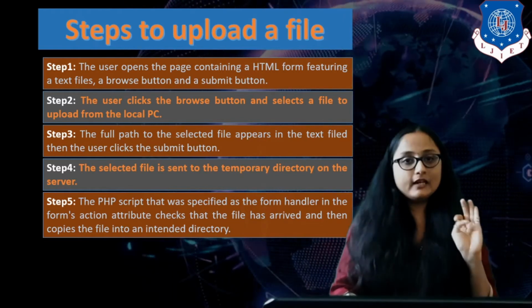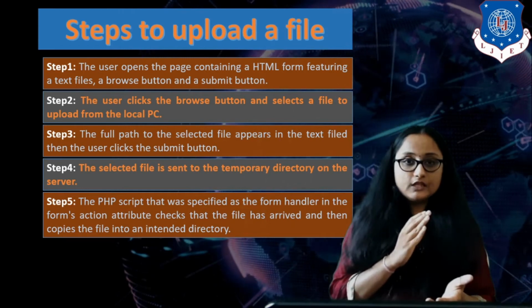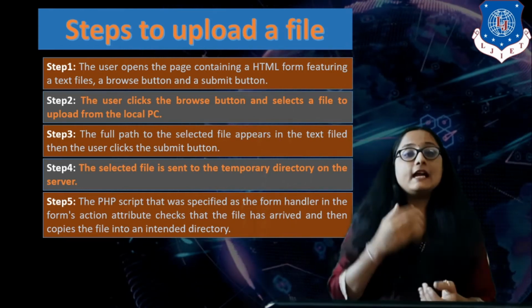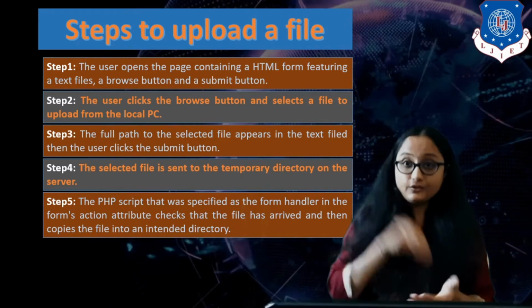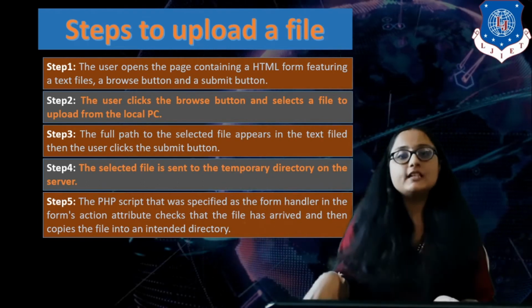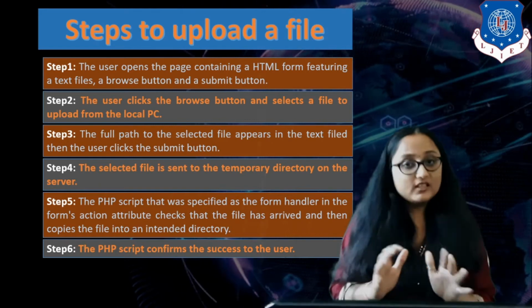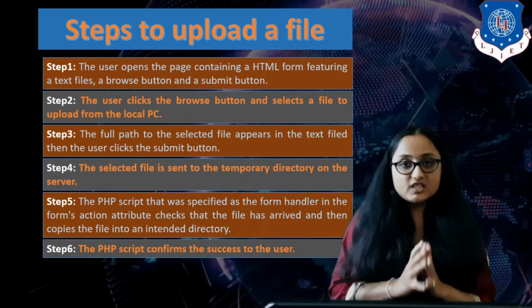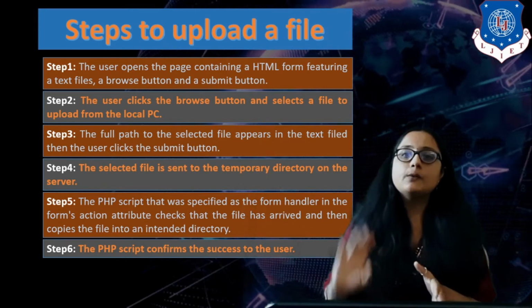So you will write a PHP script, specified in the form's action attribute, which will check whether the file has arrived in the temporary directory, and if yes, it will copy the file from the temporary directory into the destination directory. At last, the PHP script will confirm the success to the user, that yes, your file was successfully uploaded.